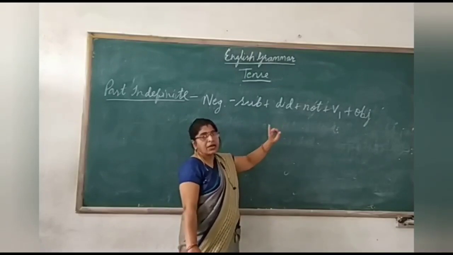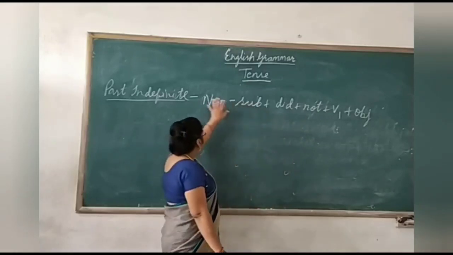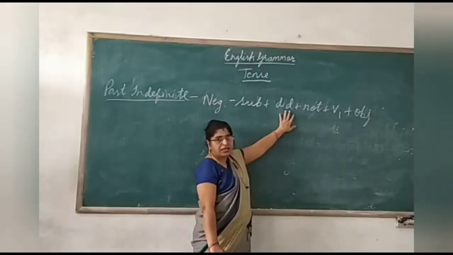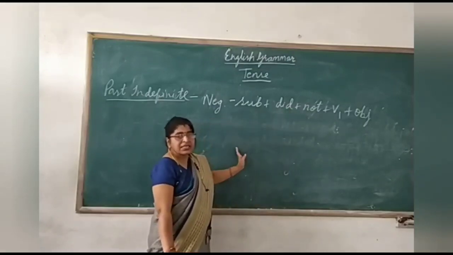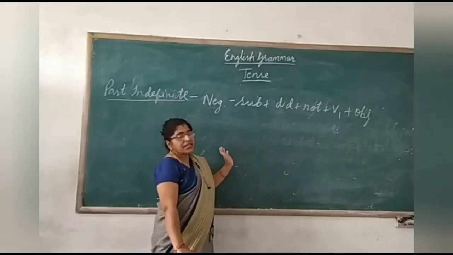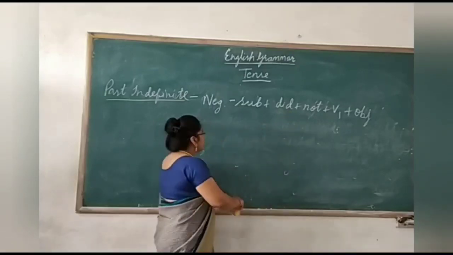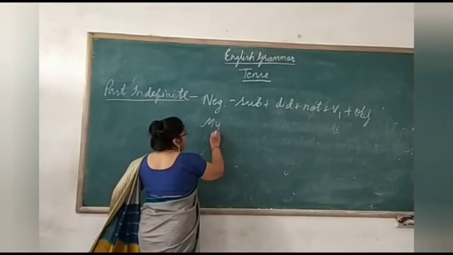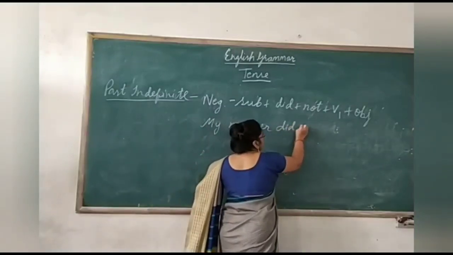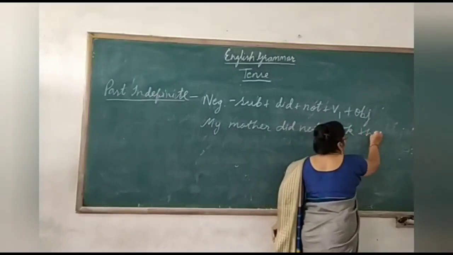Does for singular, and do for I, we and plural. But in the case of past indefinite negative, you have only one option, that is "did". Whether your subject is singular or plural, you will put "did" only. So it is quite easy. Let us see the sentence. My mother did not cook the food.